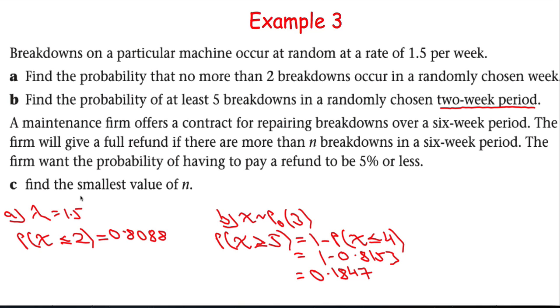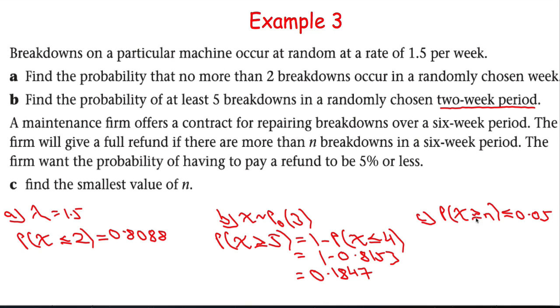So if there is more than n, we get a refund. And I want that probability to be less than or equal to 5%. So essentially what we're saying here is, I want the probability that the number of breakdowns is greater than n to be less than or equal to 0.05, because it's 5% or less.